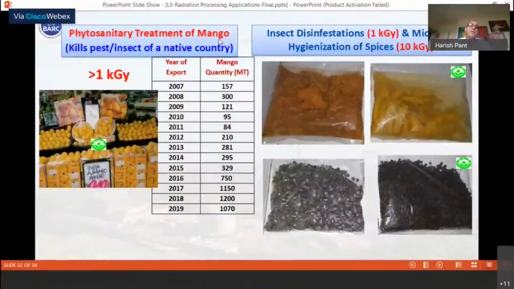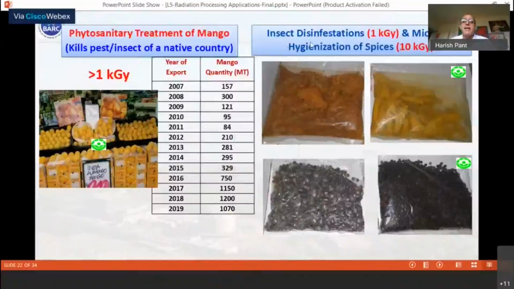For example, if we have to export mangoes to the United States, unless they are radiation treated, they cannot be exported to the USA. So the United States only accepts irradiated mangoes or irradiated products from other countries. They don't want some insects or pests to migrate from one country to another country and then spread there.